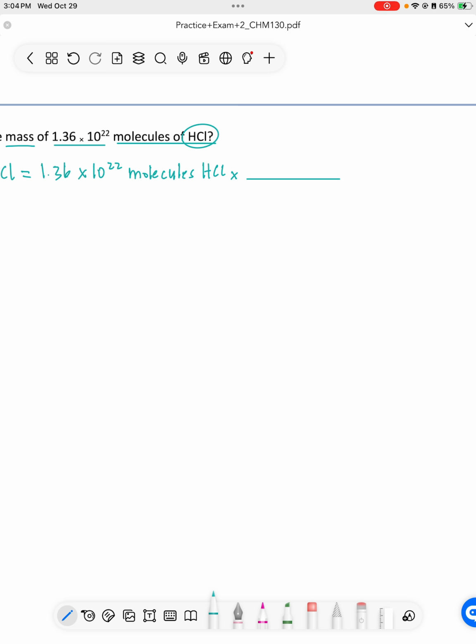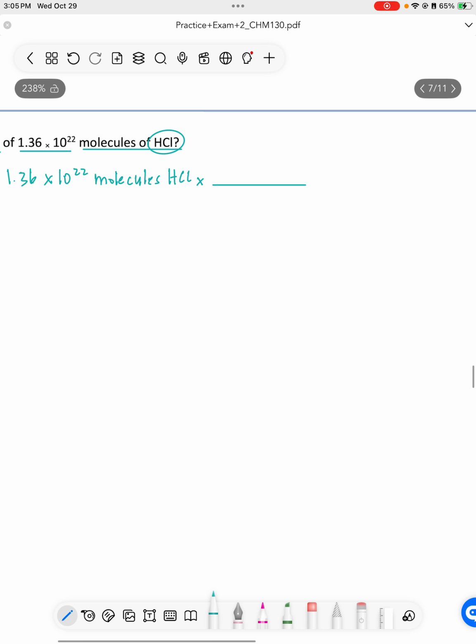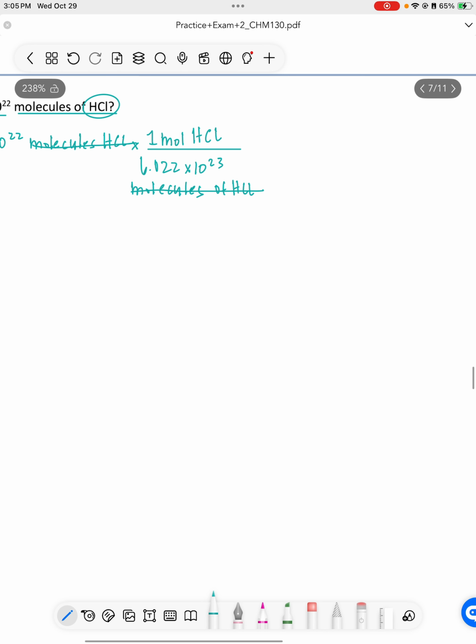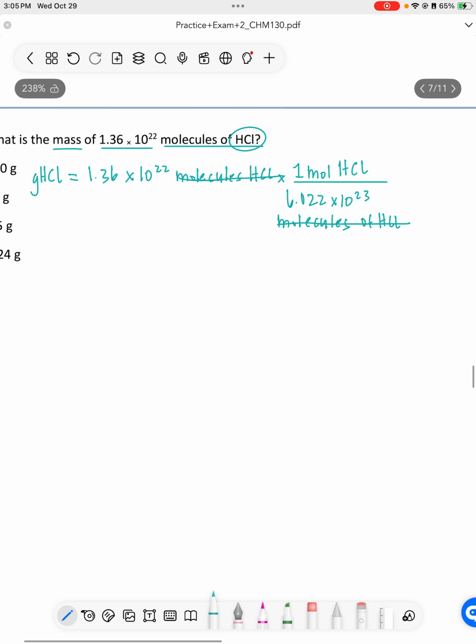And what is going to be my conversion factor is Avogadro's number, because we know that for every mole of anything, in this case of HCl, we have Avogadro's number of molecules of HCl. Okay, so now we can cross off molecules of HCl. Boom.